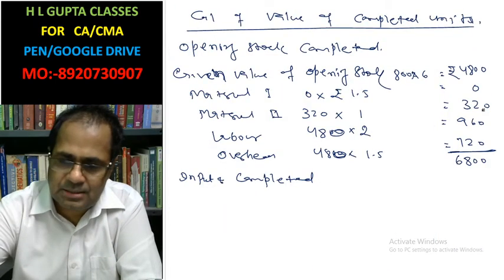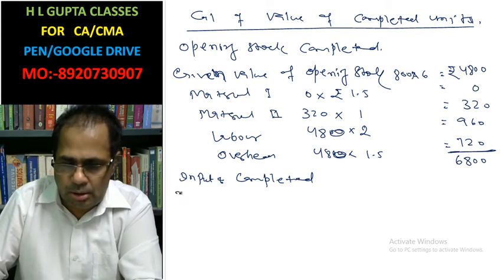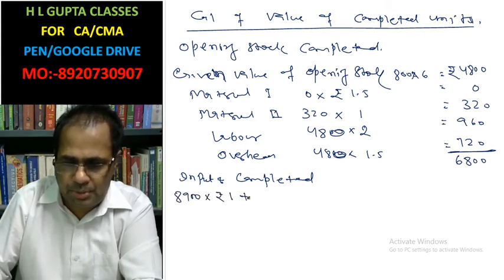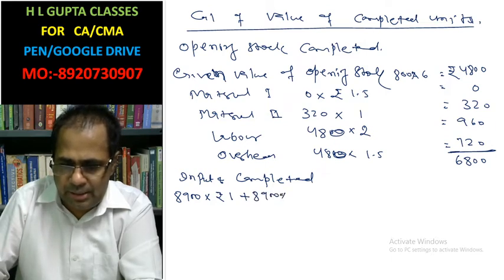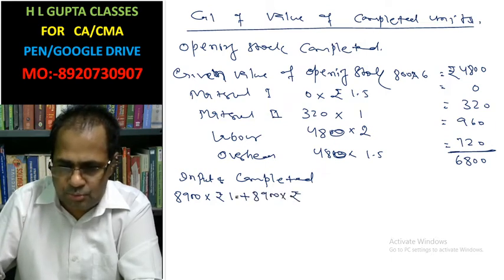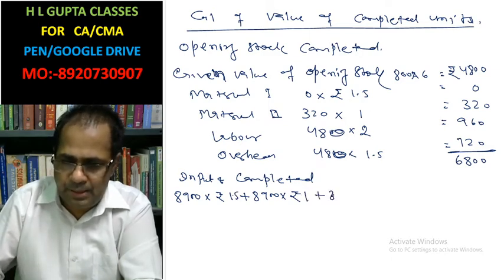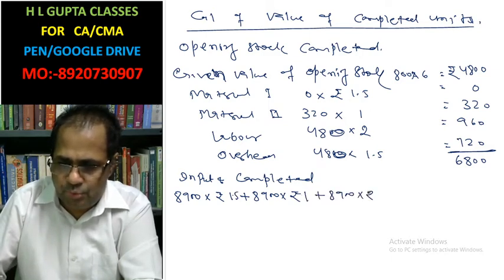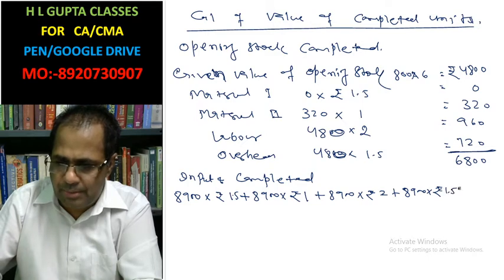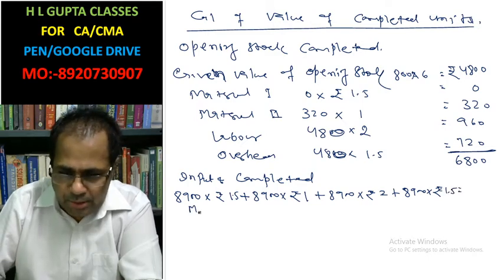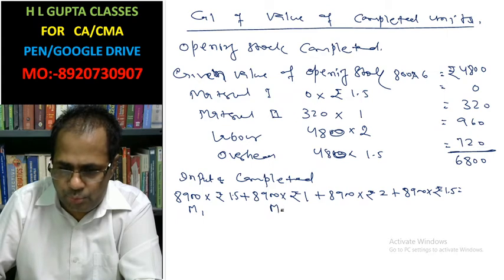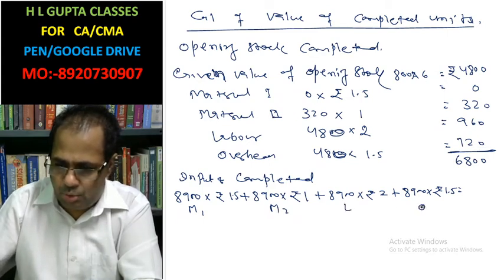In this case, you will have to write 8,900 into rupee 1 plus 8,900 into 1.5. Material second price is 1. 8,900 into rupees 2. 8,900 into rupees 1.5. This is material 1, material 2, labor, overheads.